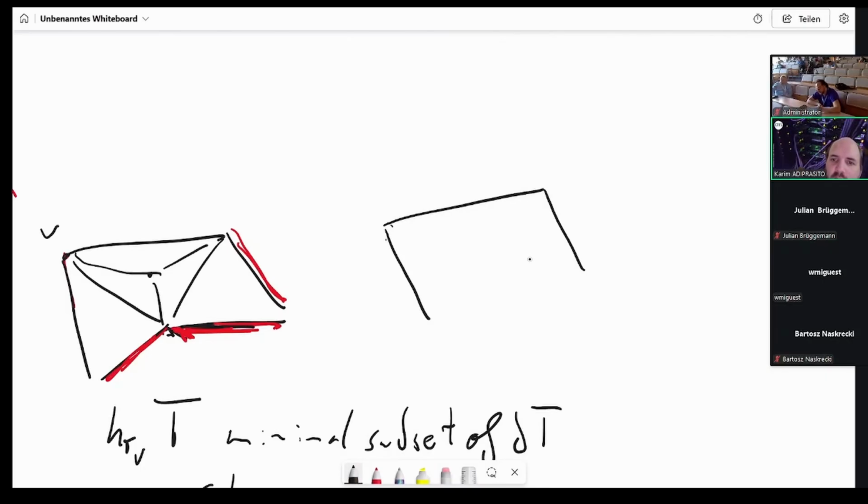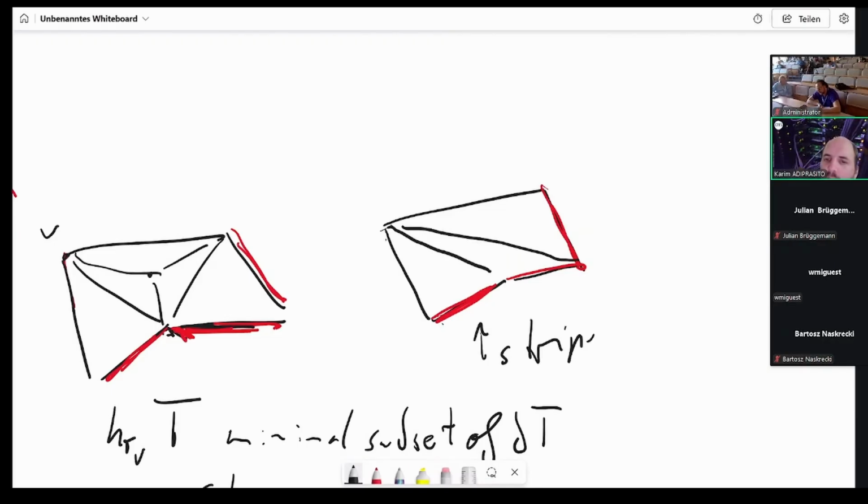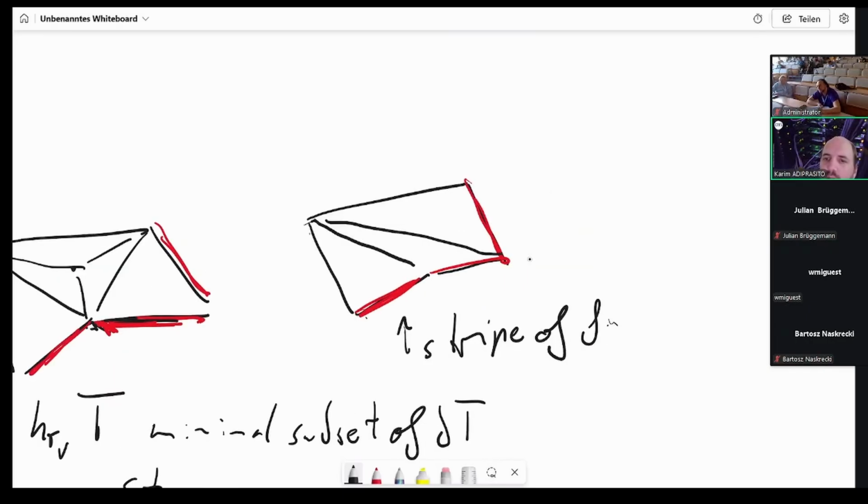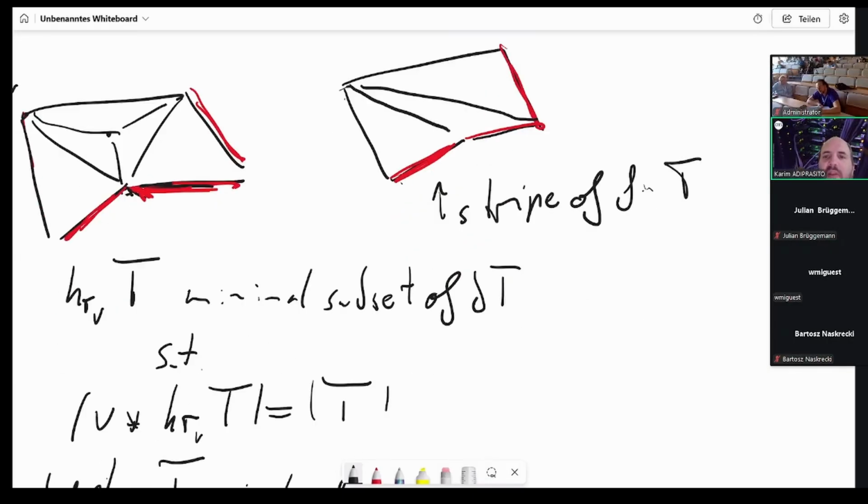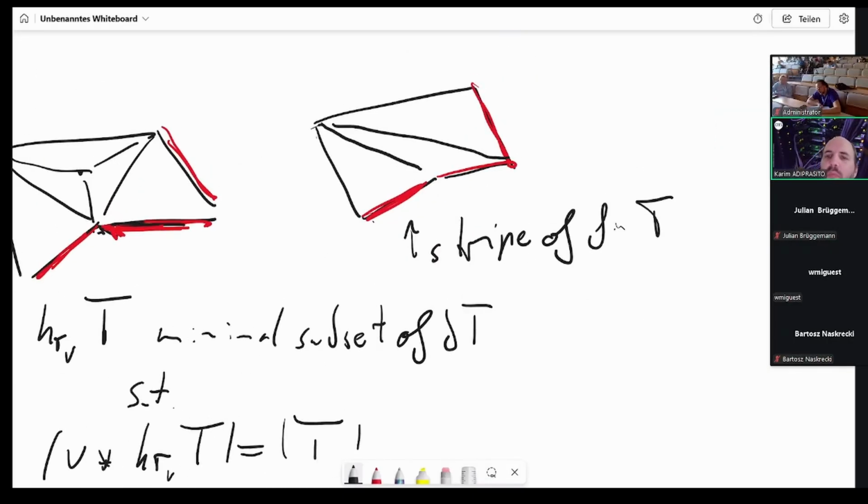The boundary would look almost the same, but the interior would be just coning over the boundary, like this. And I call this the stripe of the fin T, or the striping of the fin. So it's just a special triangulation.